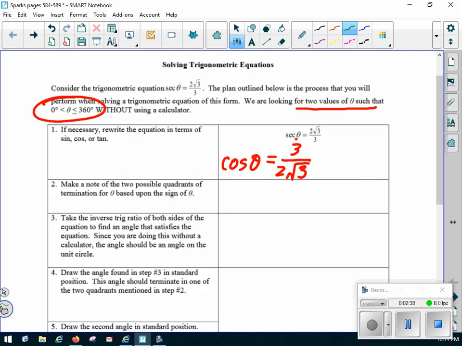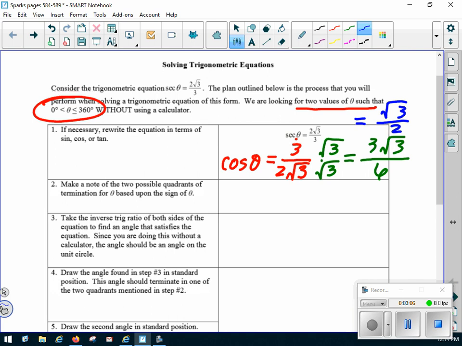How do we rationalize? Just like that. So the numerator is 3 root 3. What's the denominator? 2 times 3, 6. Which simplifies to what? Oh my gosh.